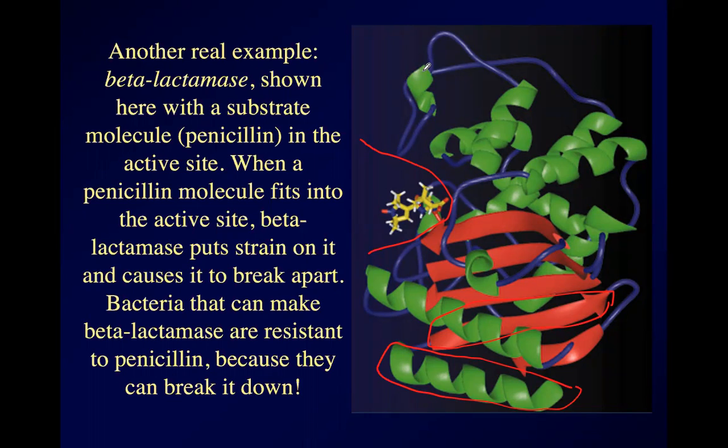We talked about this a long time ago when I was talking about natural selection, that there are varieties of bacteria that are antibiotic resistant, and they've become more and more common over the years. And the reason those bacteria are antibiotic resistant is they're able to make beta lactamase, which breaks penicillin down and even breaks it apart in such a way that the bacterium can eat it.